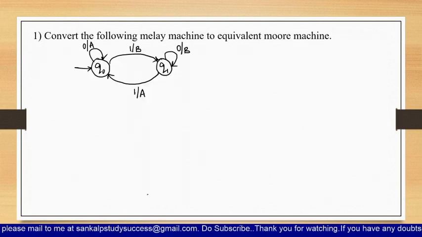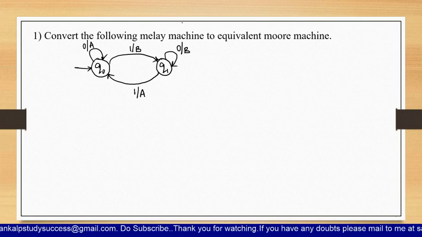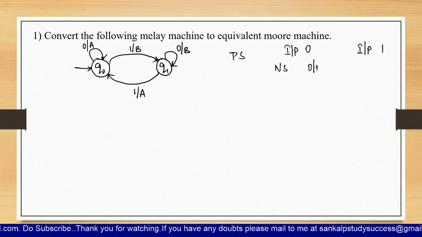So now let us solve one problem where you need to convert this Mealy machine to an equivalent Moore machine. First let us draw the transition table for the given Mealy machine. How do you draw the transition table? By taking the present state, then applying input 0 and applying input 1, the next state and the output should be found.